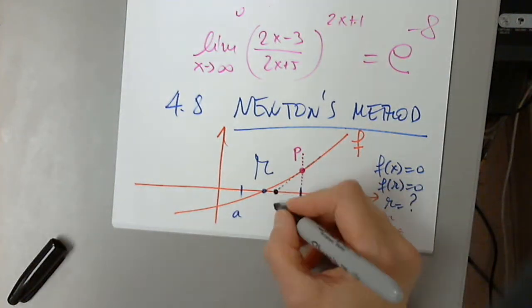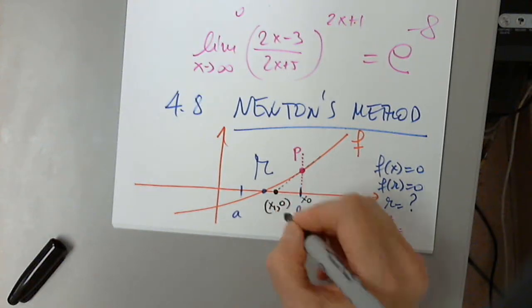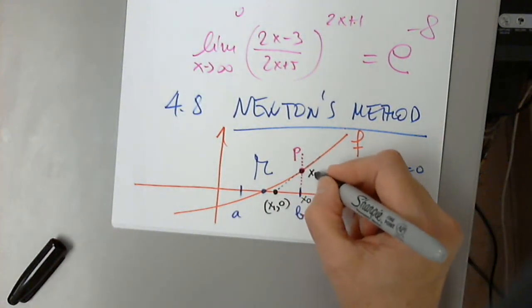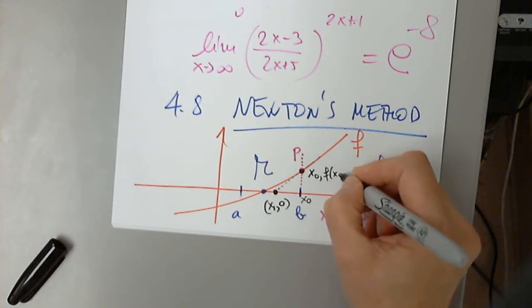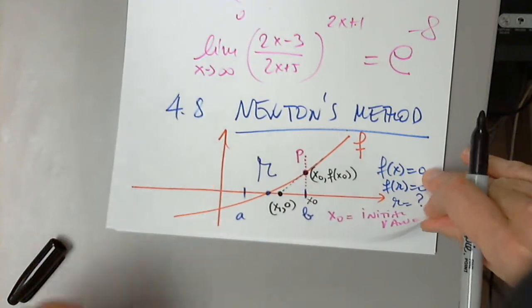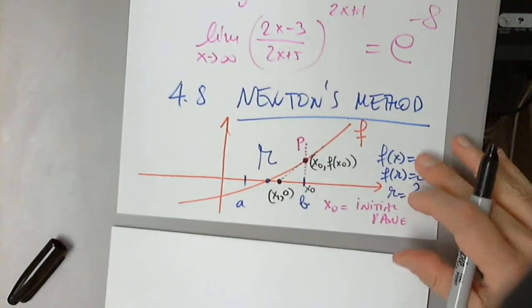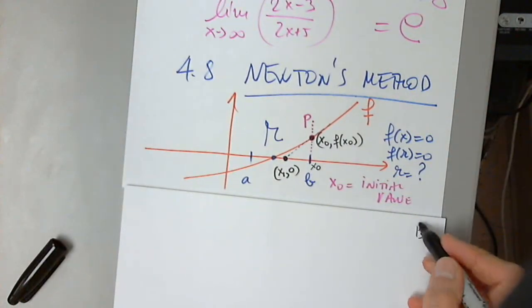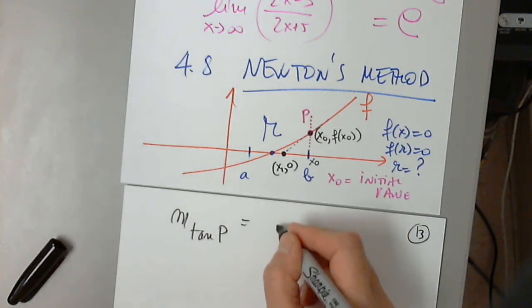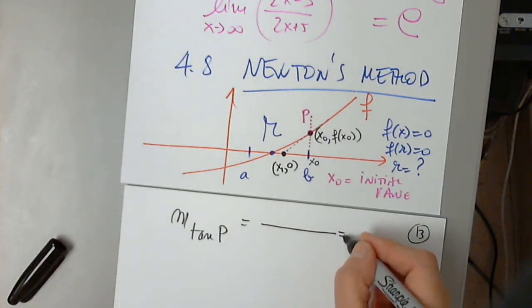I'm going to call this point x sub 1, comma, y coordinate 0. I have this point that has coordinates x0, comma, f of x0. And I would like you to give me the slope of the tangent at P in two different ways.